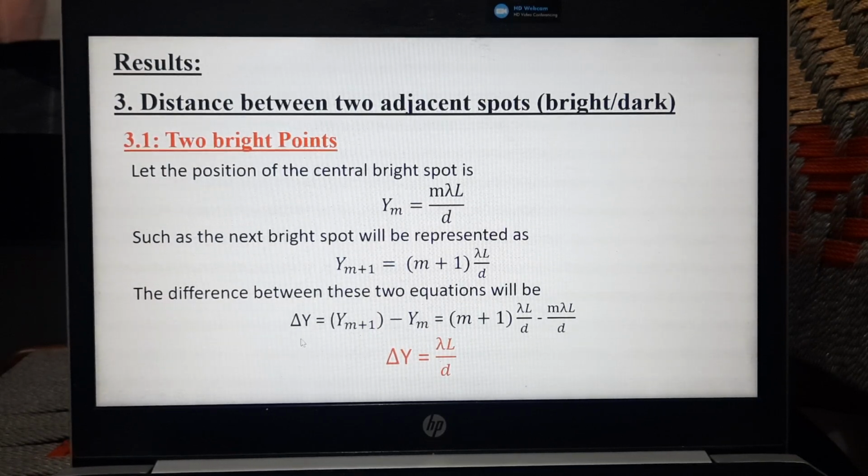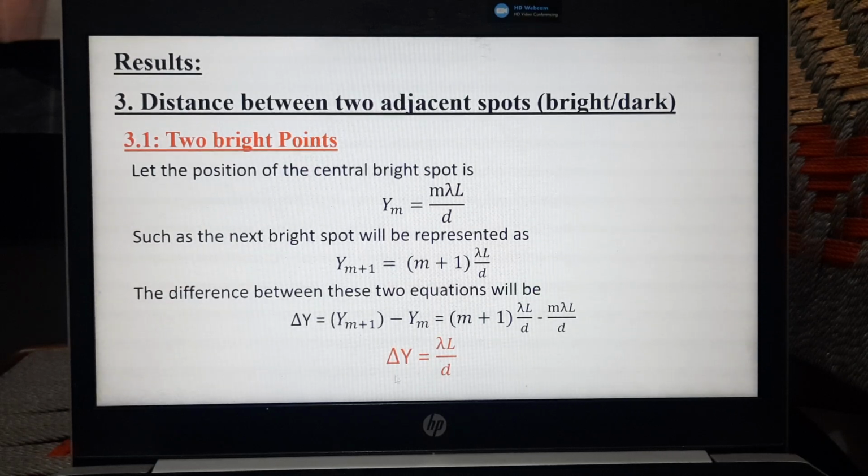The difference will provide me with the distance between the two bright spots, which I represent as delta y, and that comes out to be y m plus 1 minus y m. By putting these two values over here, I will get the result as delta y equal to lambda L by D.